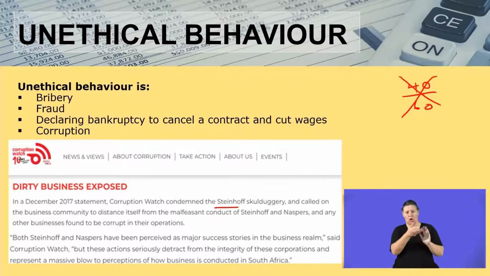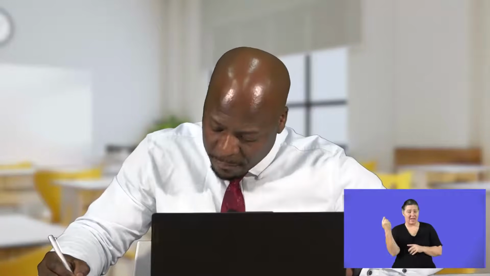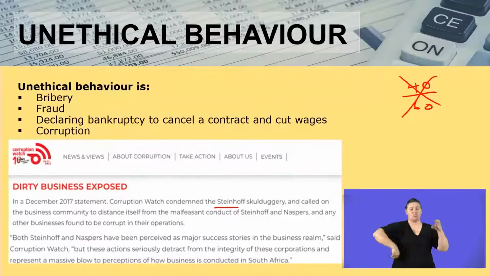And then it called on the business community to distance itself from this particular company. So whenever a company is being labeled as being corrupt, it is good that other businesses also distance themselves, because with corrupt behavior, you will be going against ethical behavior. And other businesses were found to be corrupt as well in their operations.